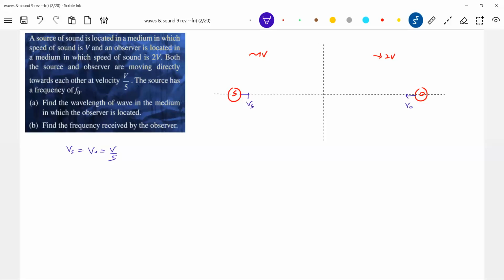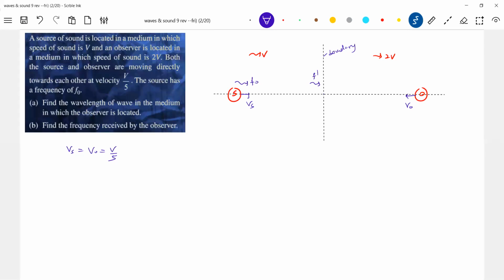First we'll do one thing: calculate the frequency detected by the detector. So this is the boundary here. The source will generate a frequency f naught. By the time the signal reaches here it will become f dash, and treat the boundary as a detector.